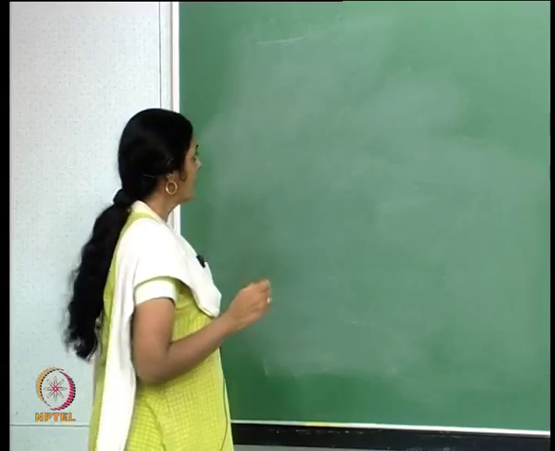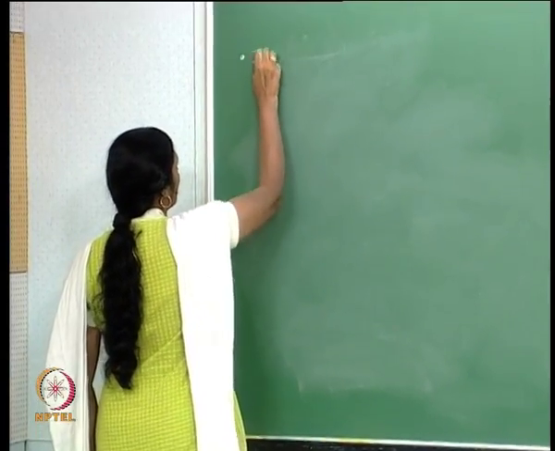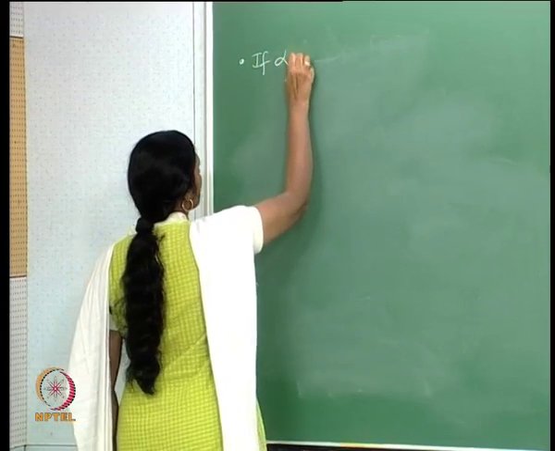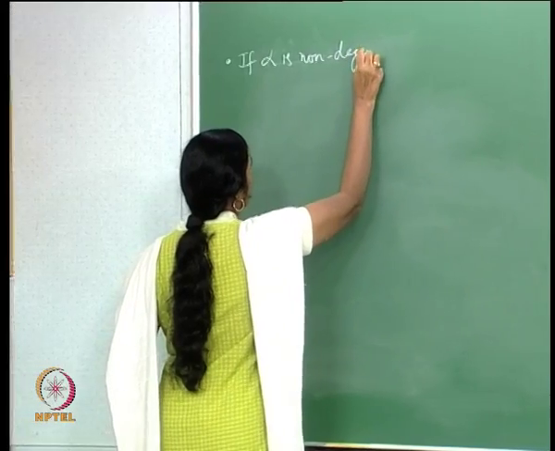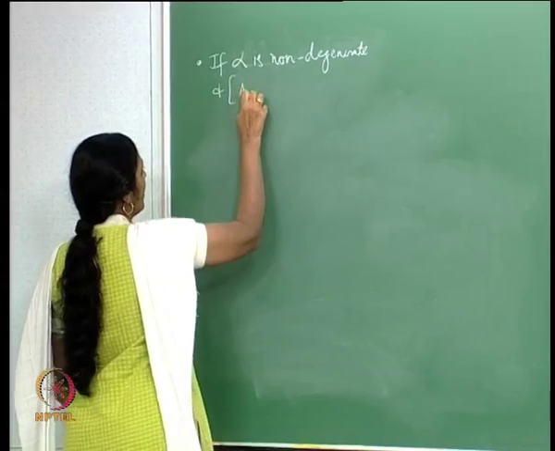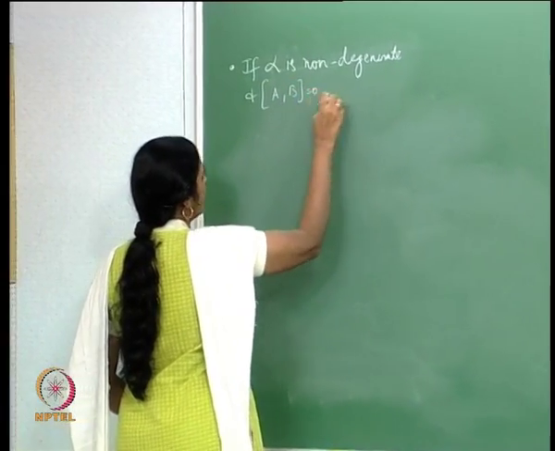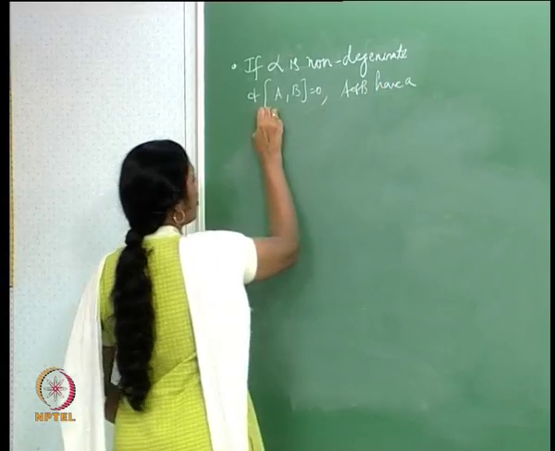Before that, we recall that we have already established if alpha is non-degenerate and AB equal to 0, A and B have a complete set of common eigenstates.